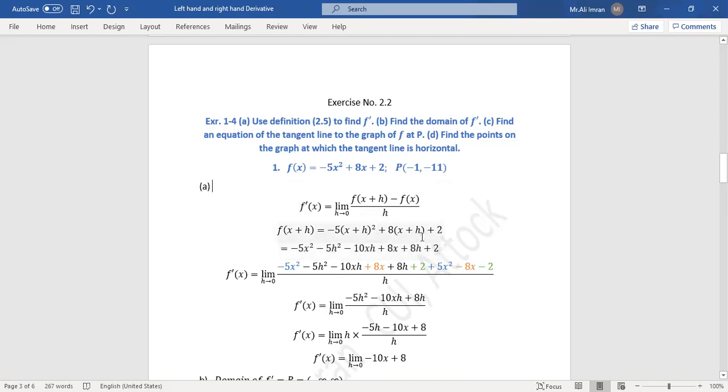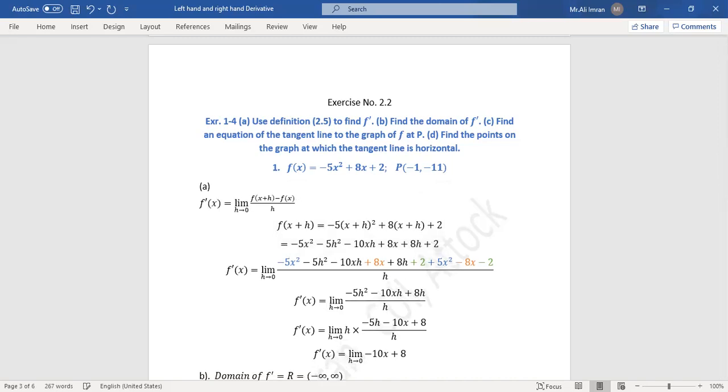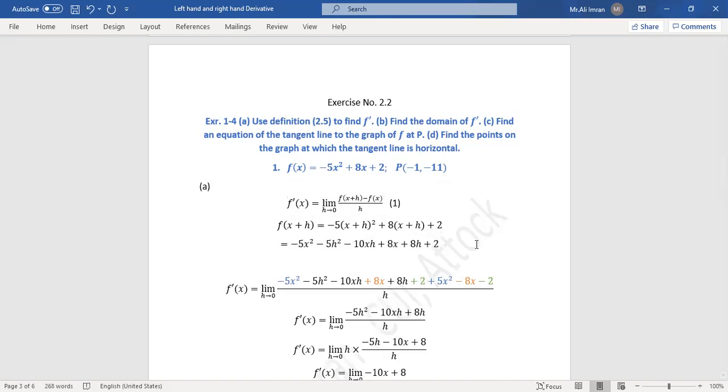Let us label this formula as equation number 1.